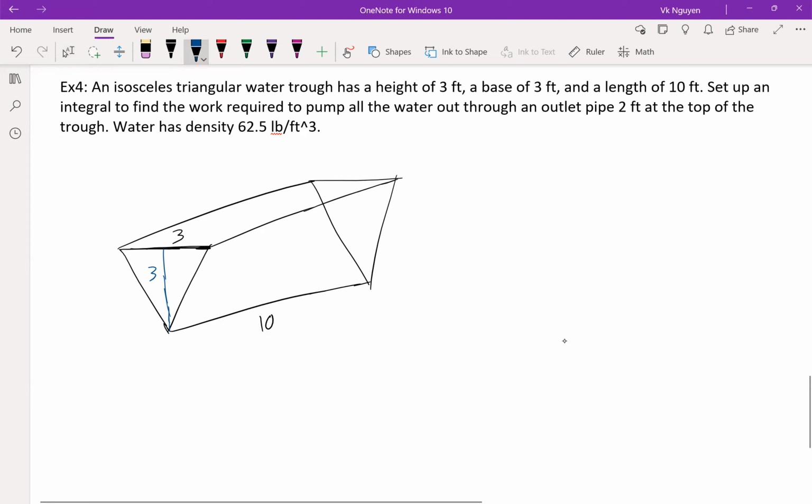Let's sketch out a sample slice. The sample slice is just a rectangular box.